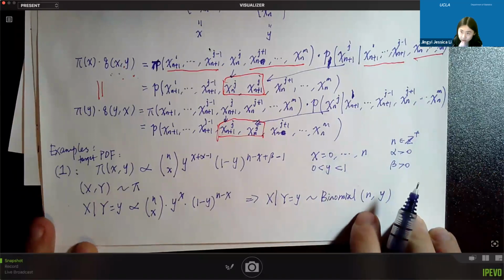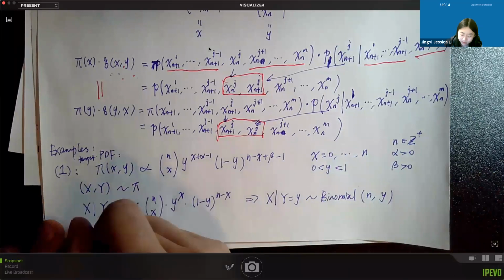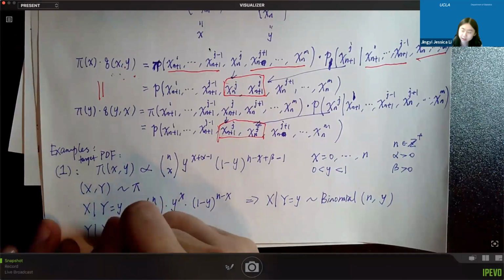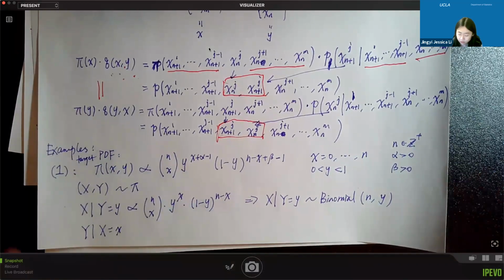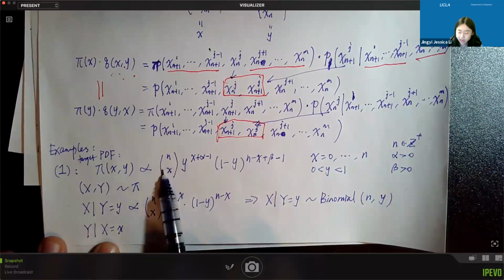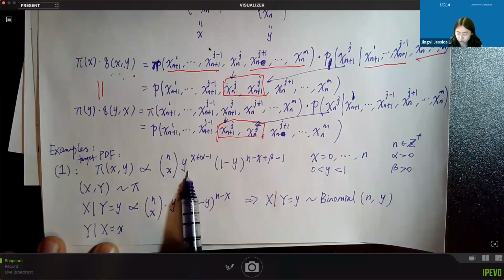That's one conditional distribution. And then if I look at the other way, what is the conditional distribution of y given that x takes the value small x? When x is set, the constant n choose x can be gone, and we can just keep the terms that involve y.